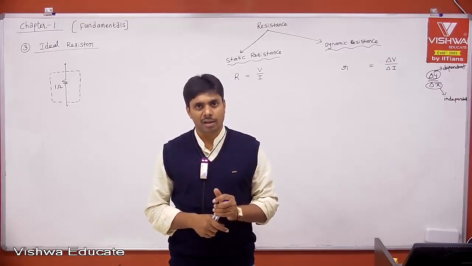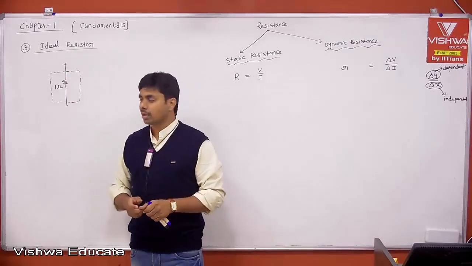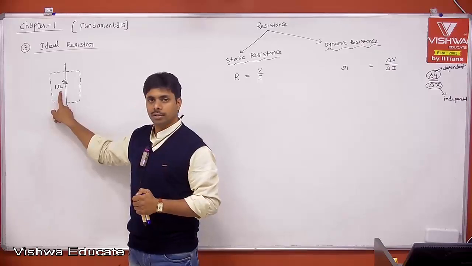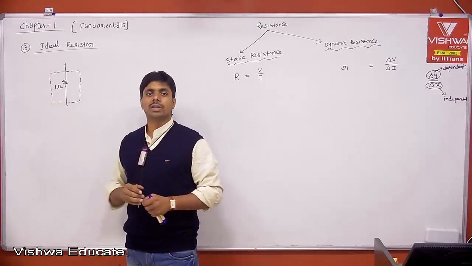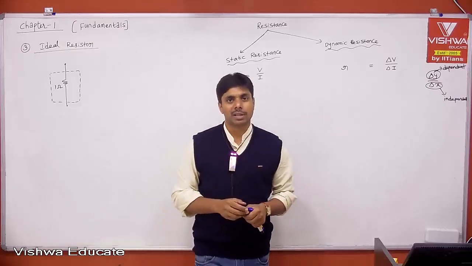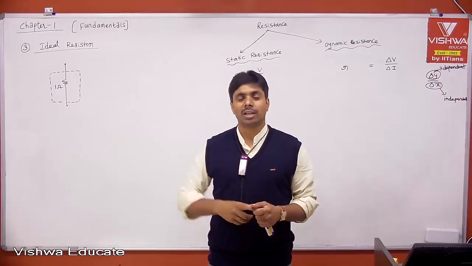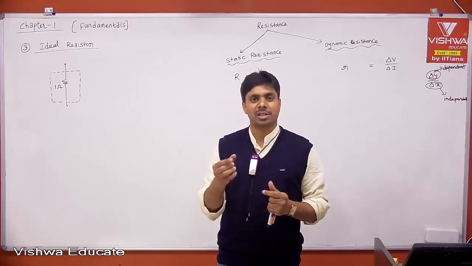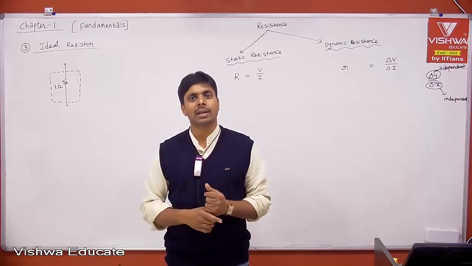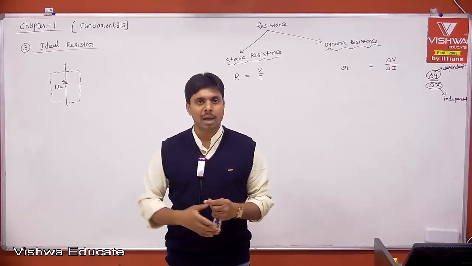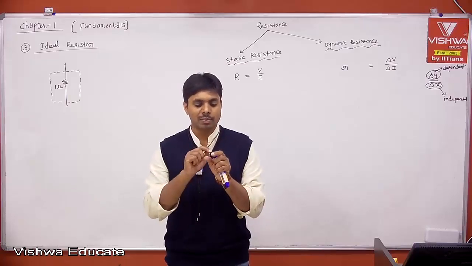Right? Okay. If I don't add the term ideal, then remember whatever 1 ohm I told, that 1 ohm will change with respect to temperature. That 1 ohm will change with respect to the tolerance. When you do any lab, if you ask for resistors from the in-charge, he'll give you a resistor, but we have something called color coding.